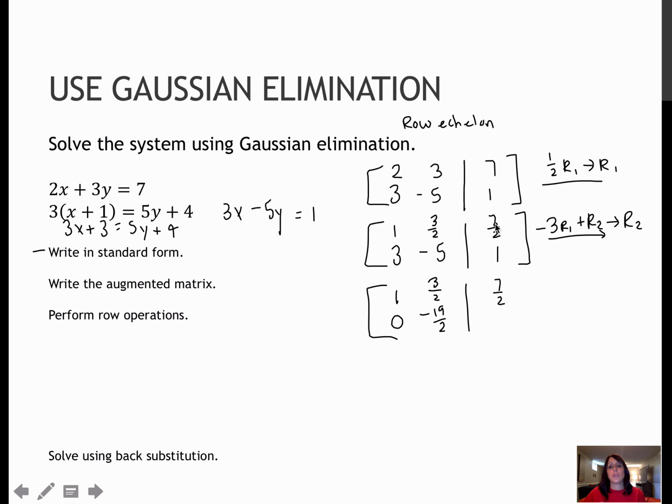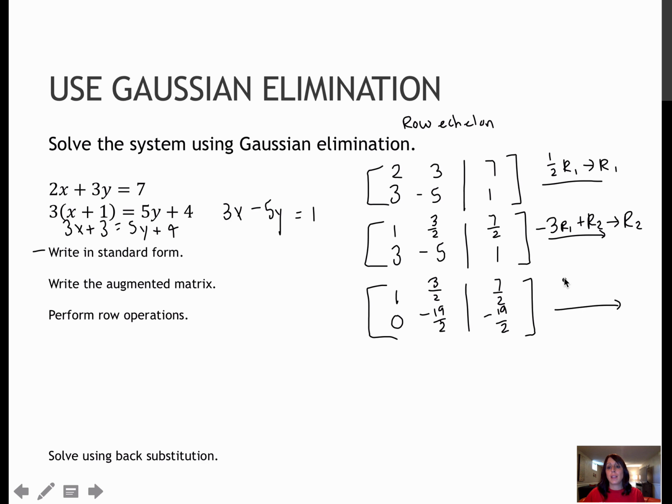And then negative 3 times 7 halves would be negative 21 halves, plus 2 halves, so negative 19 halves. What I see happening here is that this is negative 19 halves and this is negative 19 halves.